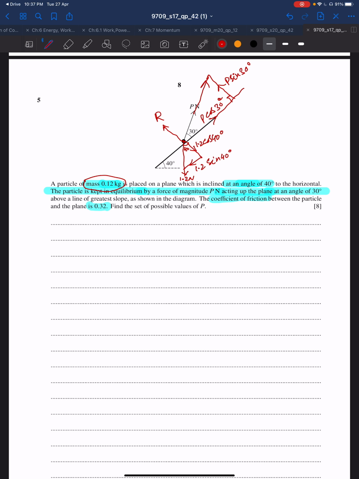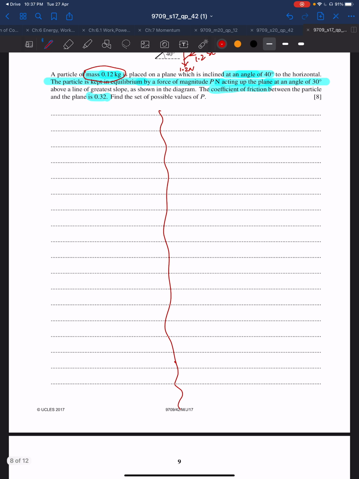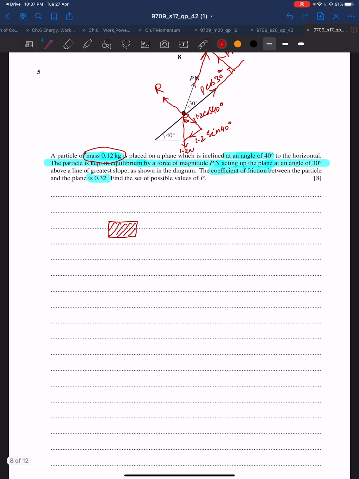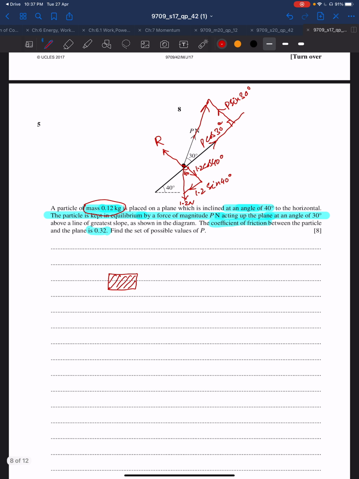If you draw a box, I think I should draw the box. We have a lot of space, no problem. I'll draw a box here, and in the box I'll identify all the forces. This is the normal contact force upwards.